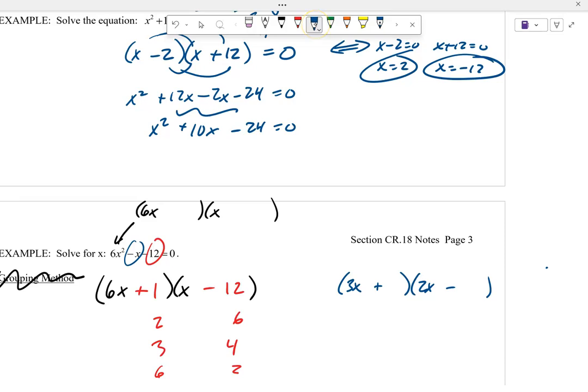Let's go with 3 and 4. Minus 12x plus 6x minus 12. Well, I got a minus 6x in the middle. Getting a little closer there. How about we switch them then? Plus 3, minus 4. That's kind of how I'm thinking about this.